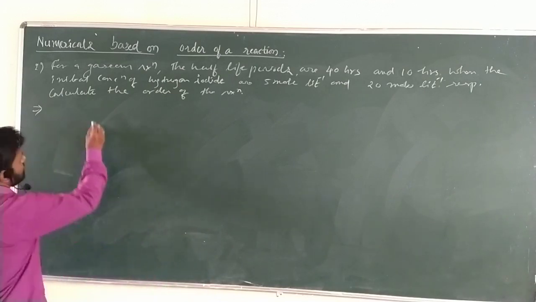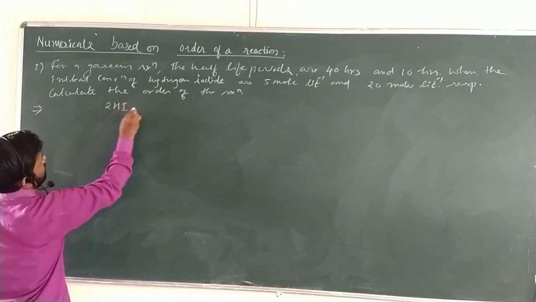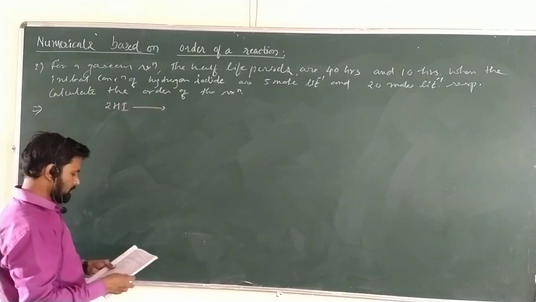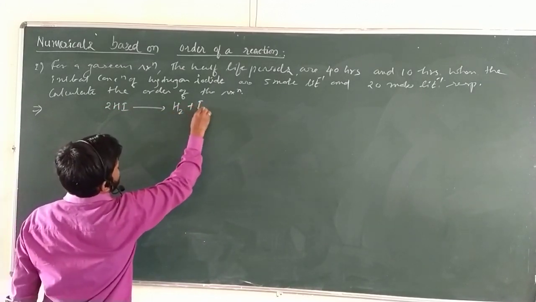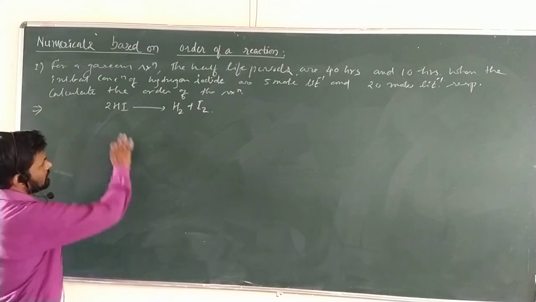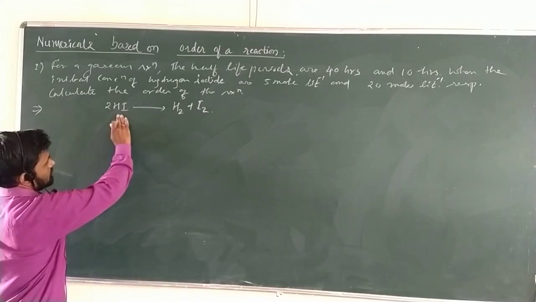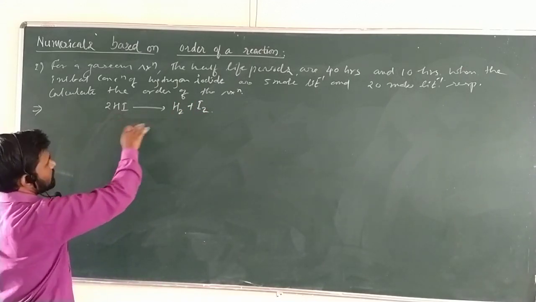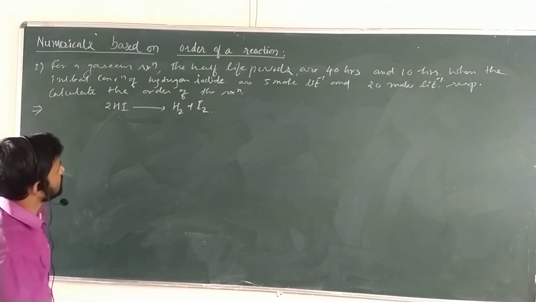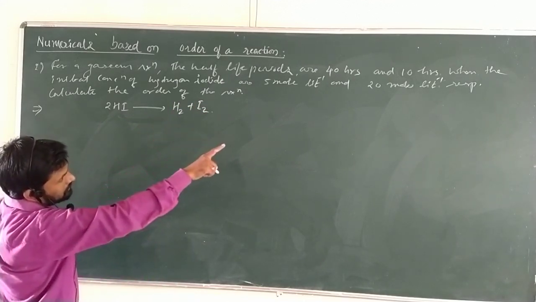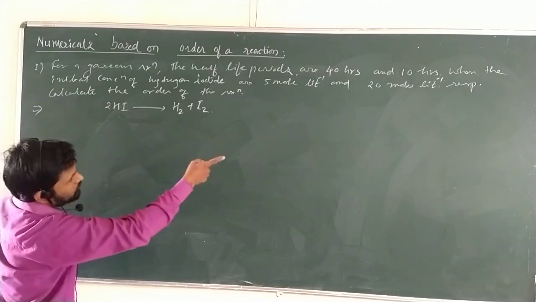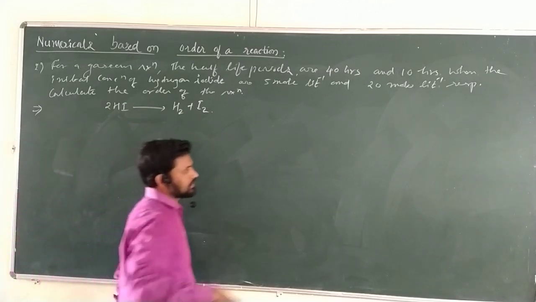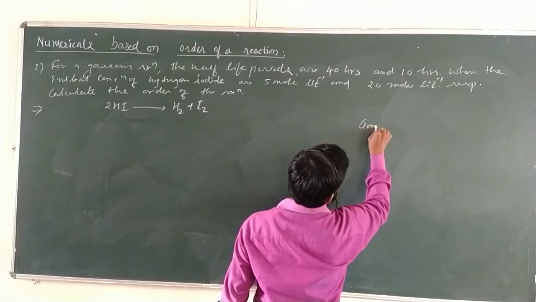This is the reaction: 2 molecules of HI decompose to H2 and I2. Here 2 different initial concentrations are given. The half-life periods are 40 hours and 10 hours when the initial concentrations are 5 moles and 20 moles.